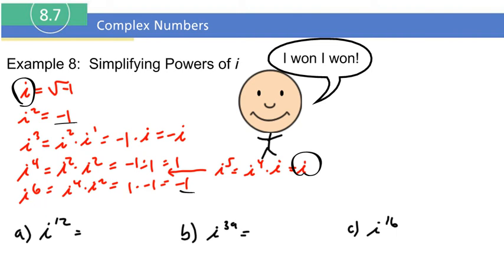If we did i to the power 7, it's going to follow a pattern. It goes i, -1, and then -i. So basically, these 4 right here are the pattern. It's going to keep repeating: i, -1, -i, and then 1.